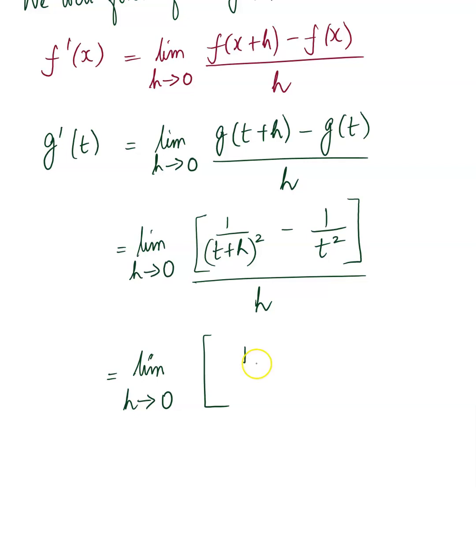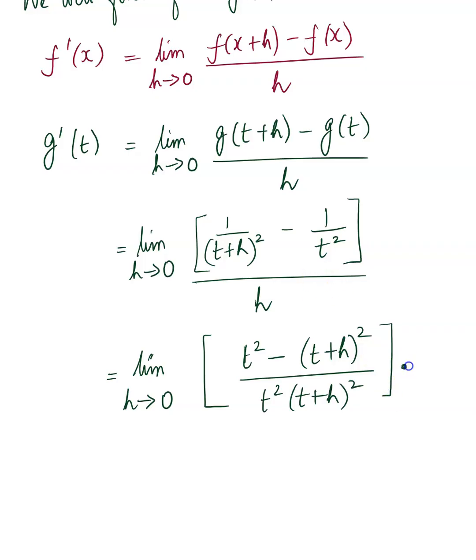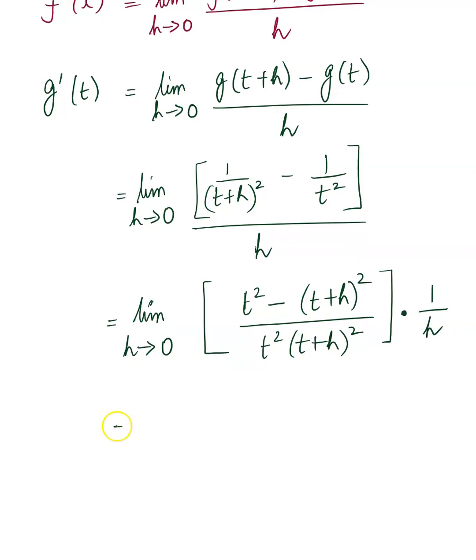So I'm going to take the LCD and then cross multiply. That's the numerator times the flip of the denominator. So we got that. So I've taken care of it right here.